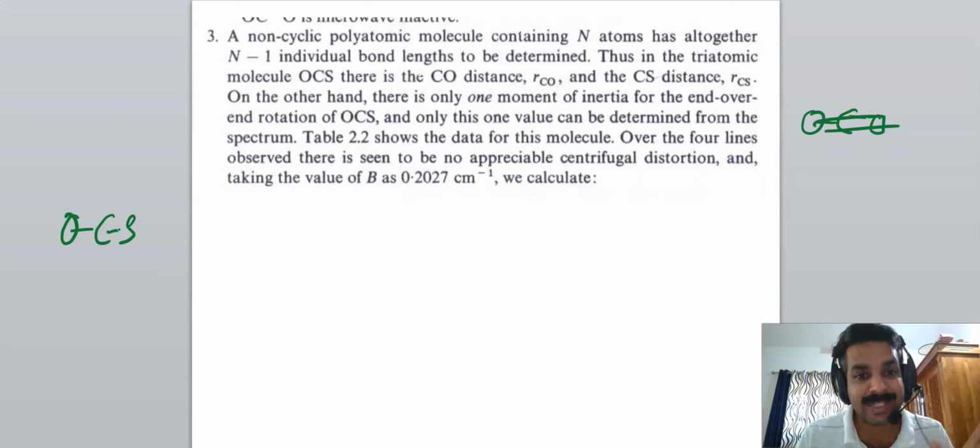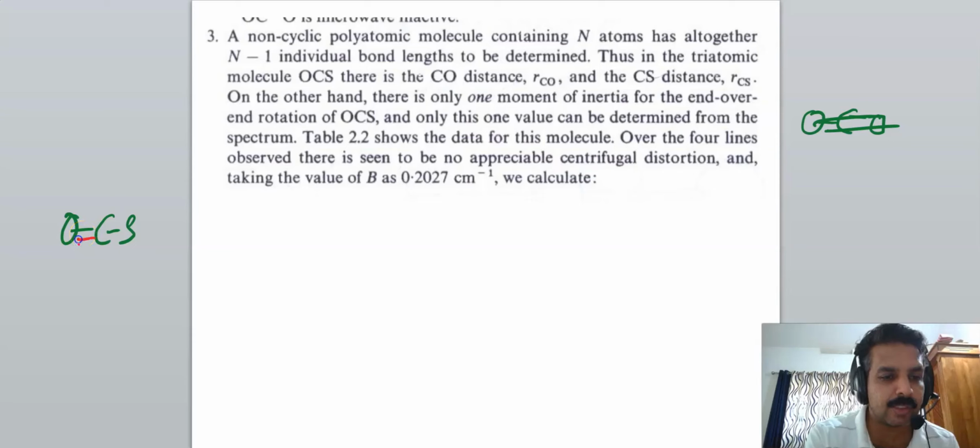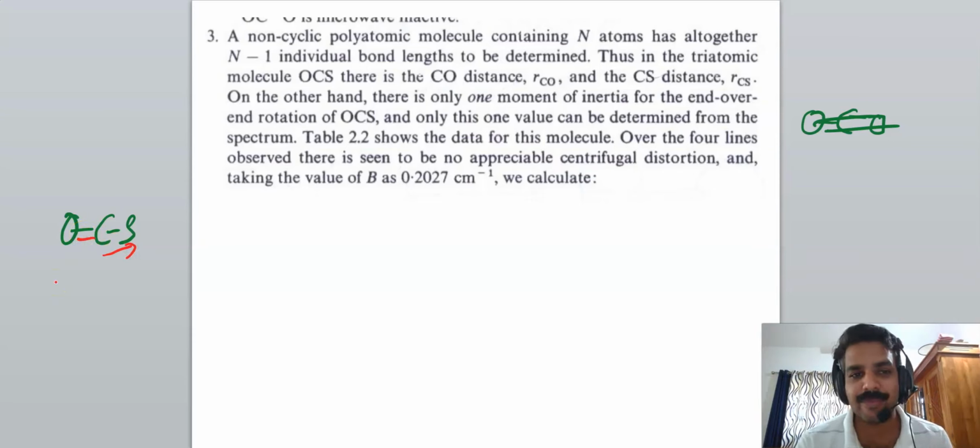In the case of a diatomic molecule, we have only one bond length, one moment of inertia and one bond length, easy to measure. But in the case of a triatomic linear molecule, there will be two bond lengths, the CO bond length and the CS bond length, but we get only one moment of inertia. From that we cannot calculate the two bond lengths.